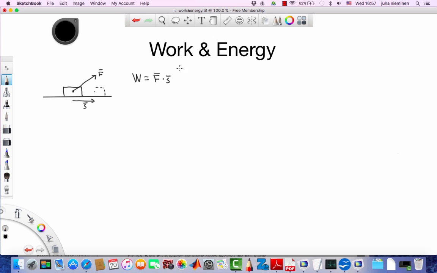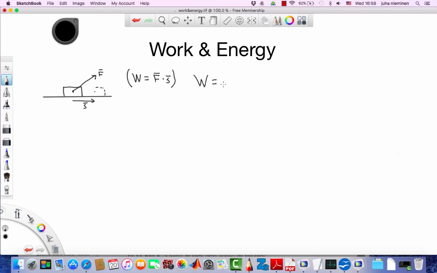But this isn't the complete answer. In this model, we were assuming that the force is constant. Then we could just simply take the dot product. But the more general formulation, so let's put this in parentheses, is that the force can be varying.